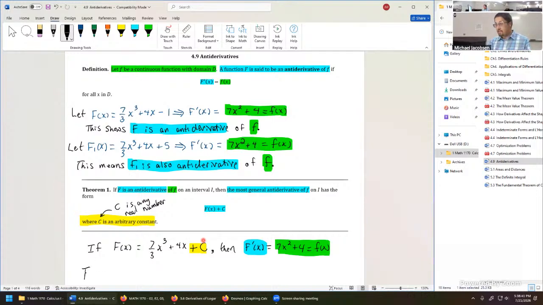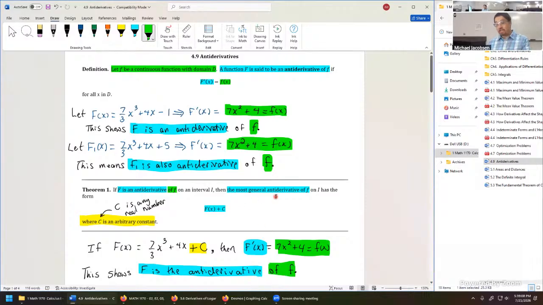We still say this shows F is the antiderivative of lowercase f. So we use the definite article the, even though there's the understanding there's infinitely many different functions, but we're just abbreviating the most general antiderivative when we use the definite article the right there. So there is a unique answer to finding the most general antiderivative, lowercase f. This is the unique answer using the arbitrary constant of integration c.